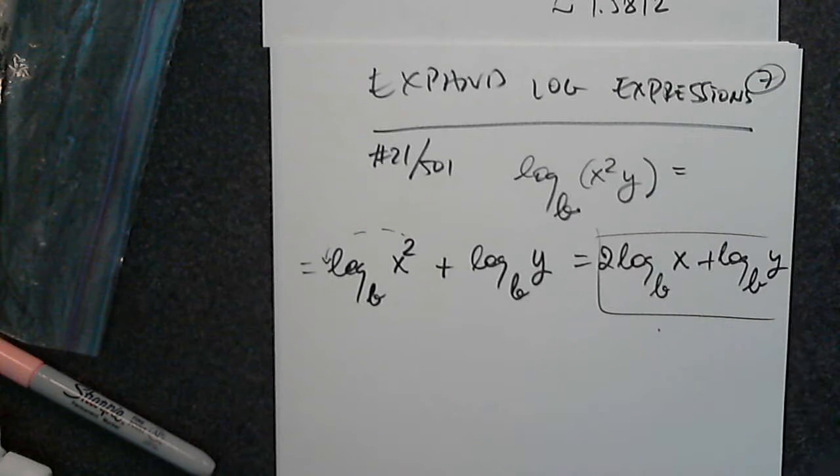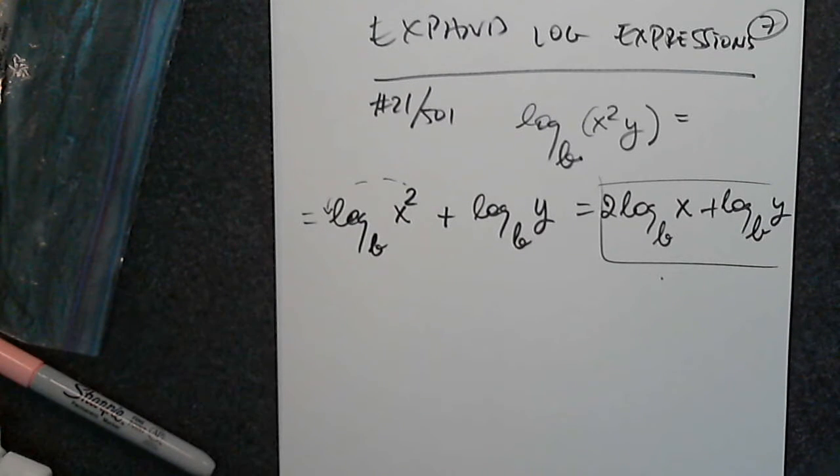It is completely expanded. There is no other property that we have to use here. It's simple logs, all properties were applied. Now let's look at something slightly more difficult, the next step, like 27. Any questions on 21?